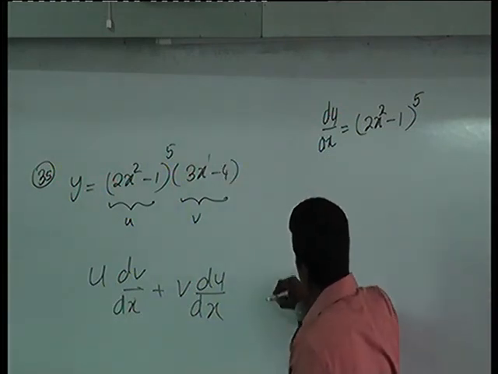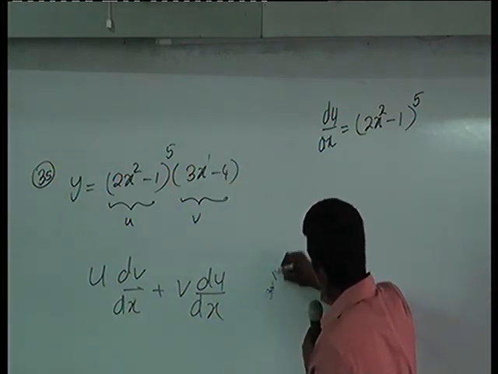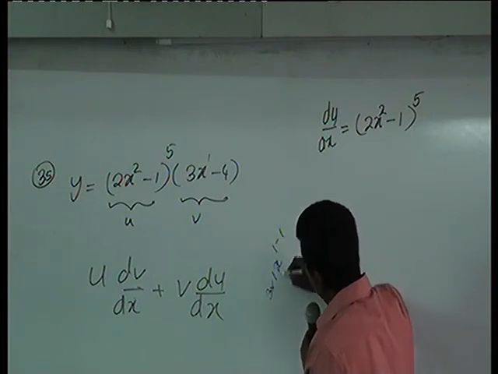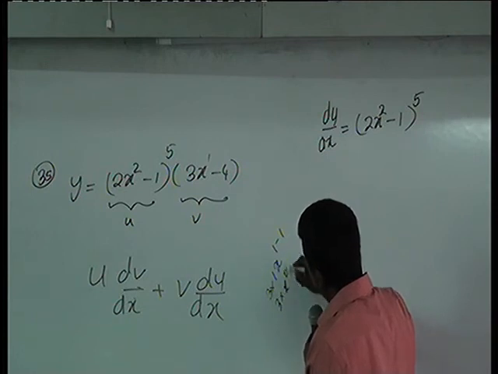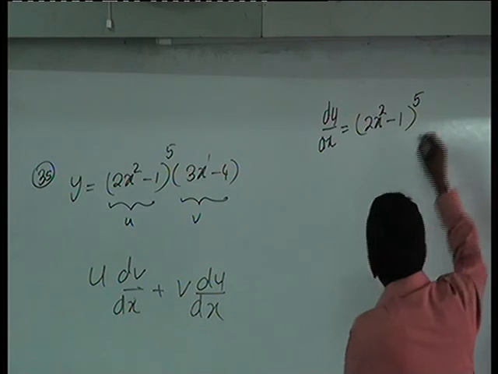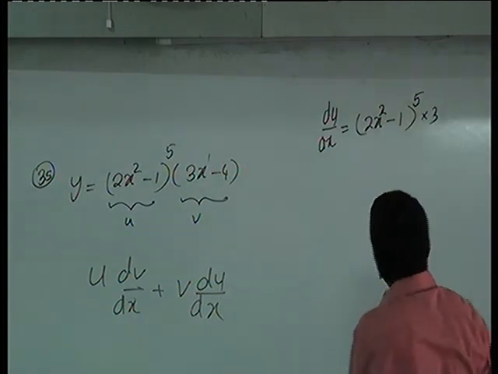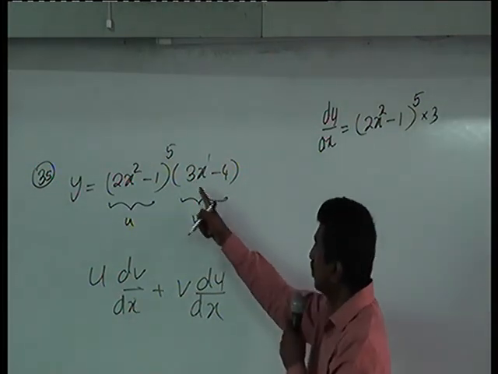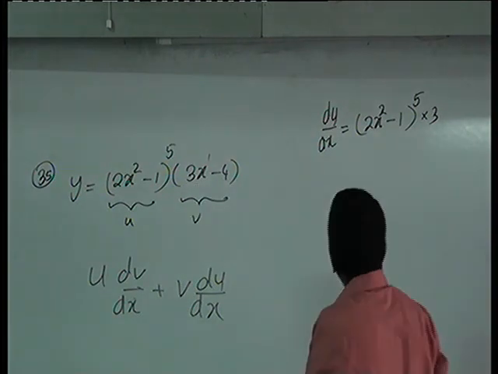So 3 into 1 x to the power 1 minus 1, 3 into x to the power 0, x to the power 0 is 1. So just 3. So you can write here 3, because of this only 3, all right?